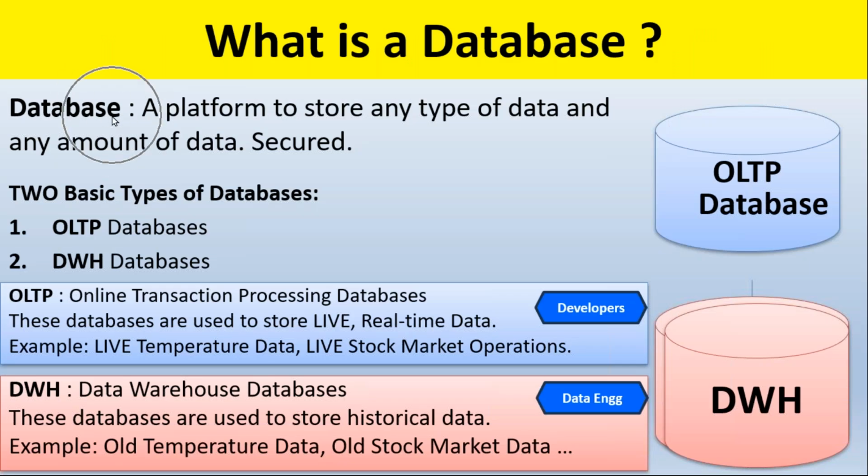First, what is a database? A platform to store any type of data, any amount of data. No exceptions, no restrictions. There are two basic types of databases: live OLTP database, online transaction processing database, to store live, real-time data, like for example live temperature, online stock market activities, or online banking, anything live.